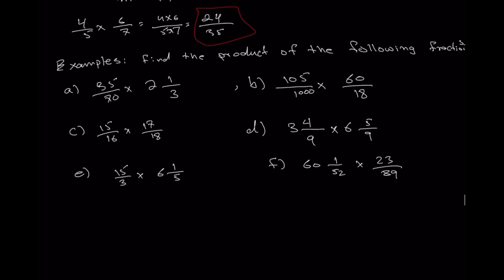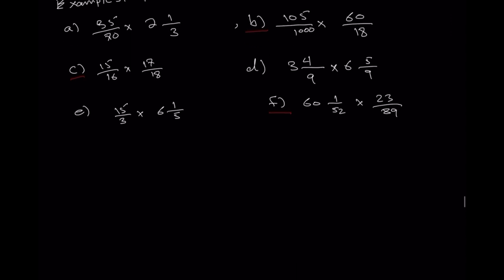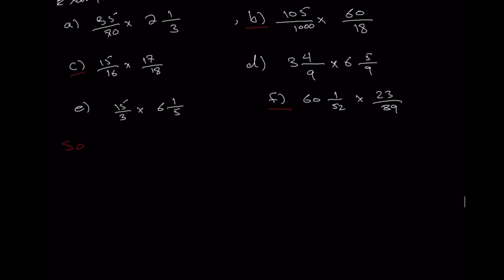Examples. Find the product of the following fractions. I will solve B, C, and F this time. Solution. For B, 1 over 5 and 60 over 18.